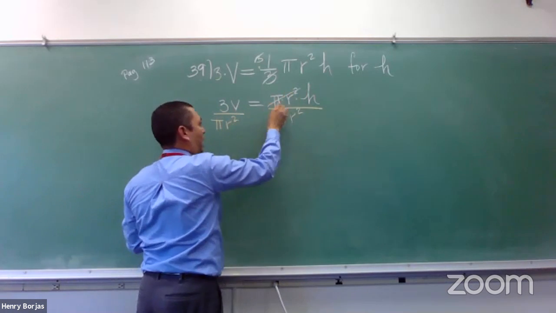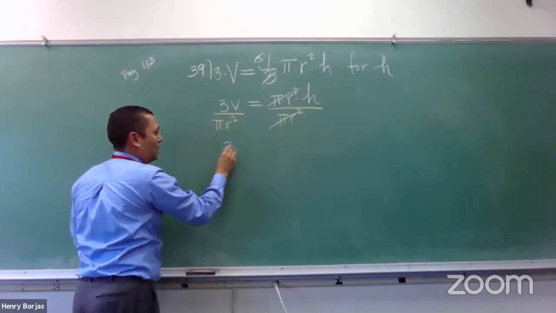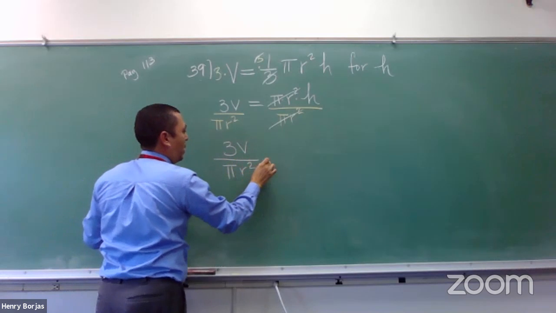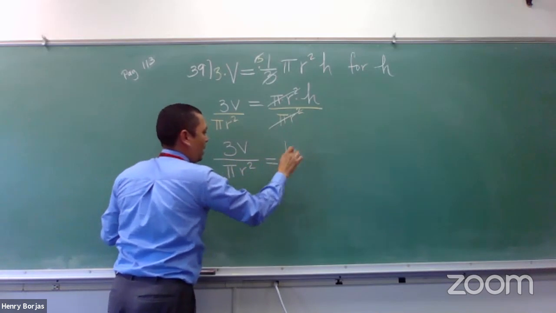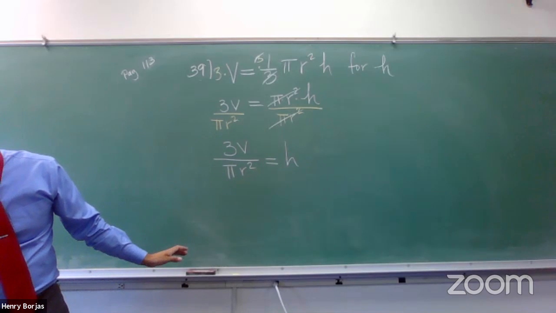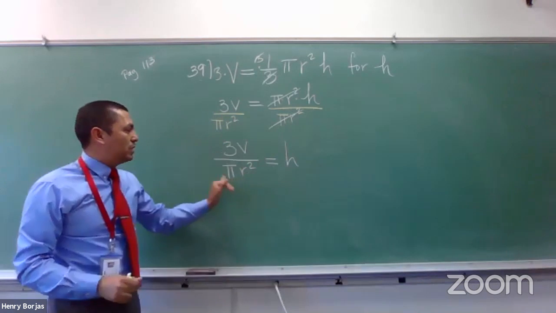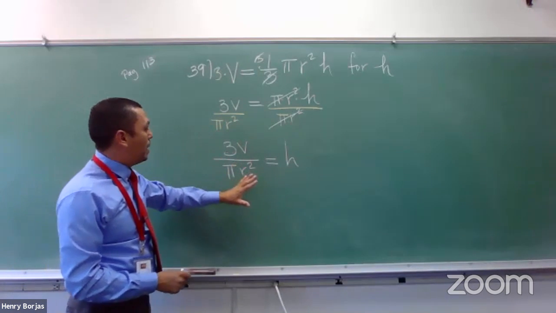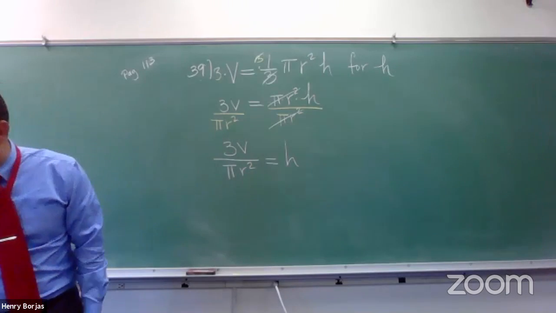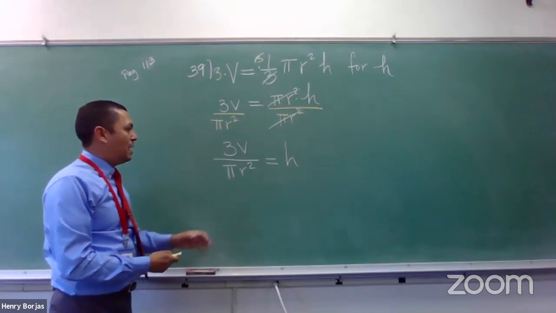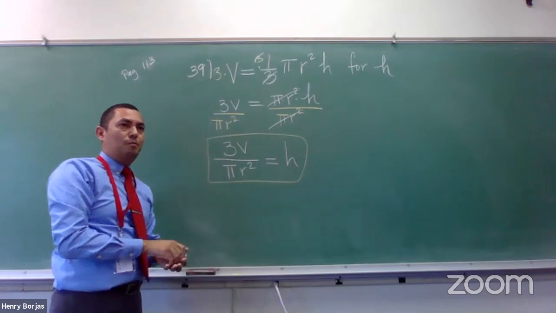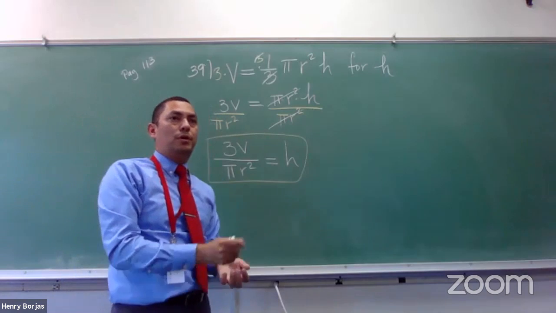So these two go away, and I have 3V over pi radius squared equals h. And that will be my solution. We need to see if we cannot simplify the expression. We cannot. So that will be my solution, problem number 39, and we are done with this one. That's it. Well, one more. Let's do one more.